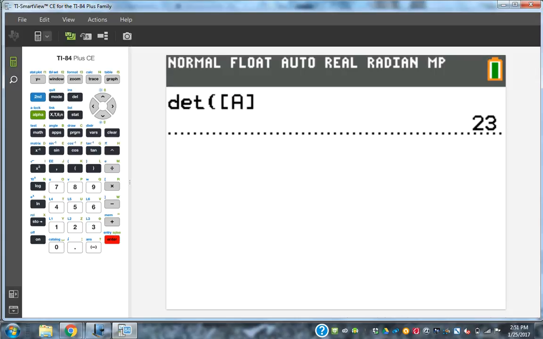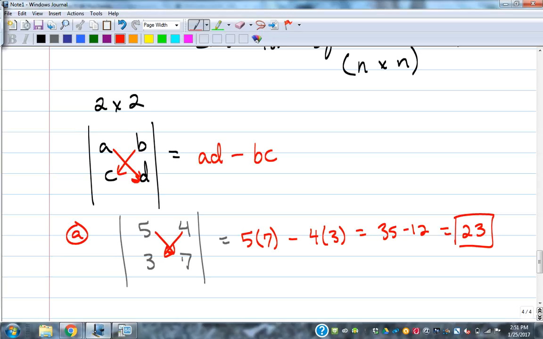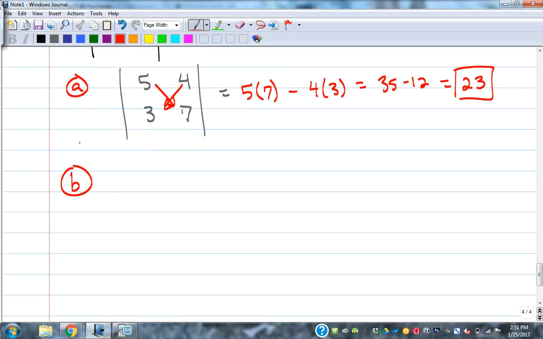So we went from 3 operations to 9 operations. You go to a 4 by 4, you're going to 27 operations, as it goes to the third power. And for a 5 by 5, it's going to 3 to the 5th power operations. It's a lot. So let's do a bigger one that we have to do with the calculator.